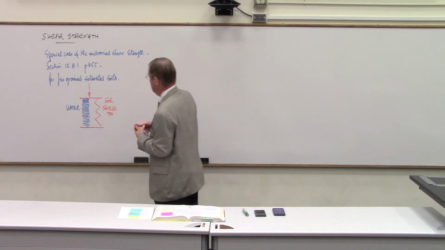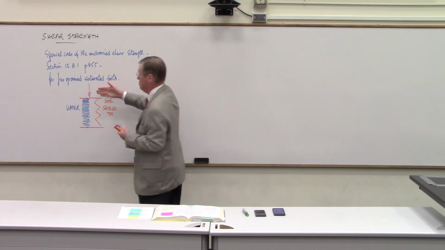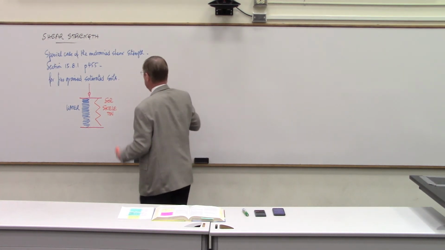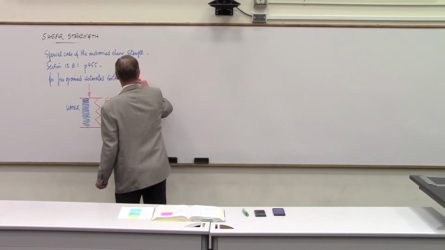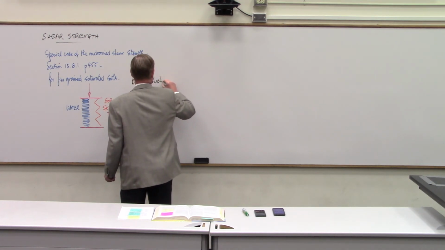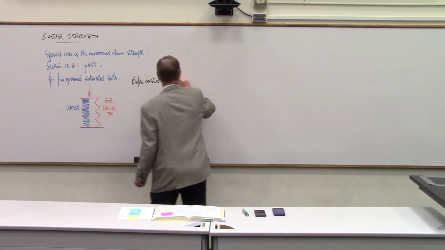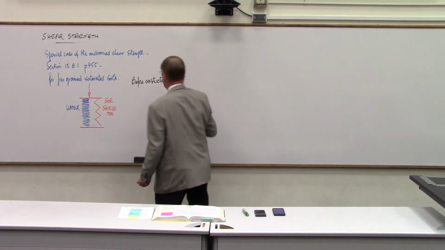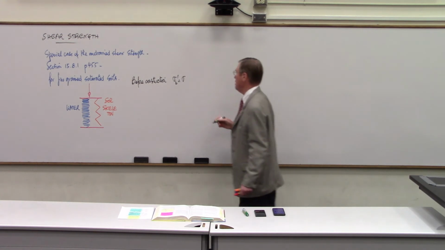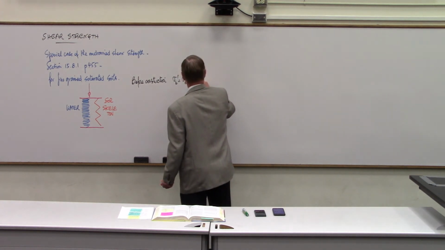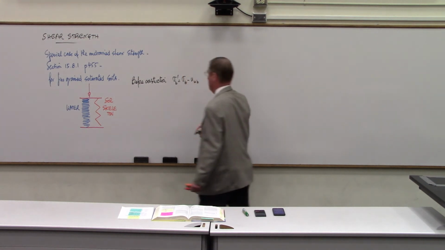So what happens, and let's say that this load is applied in the construction process. So you can say that before construction, you have an effective stress, which is sigma prime B, B for before, equal to the total stress, sigma B, minus the water pressure before.